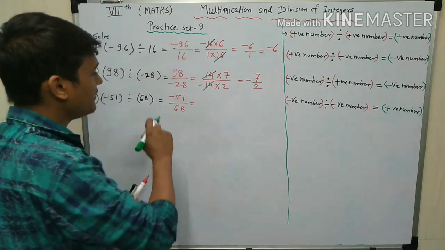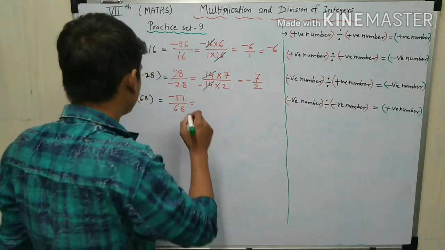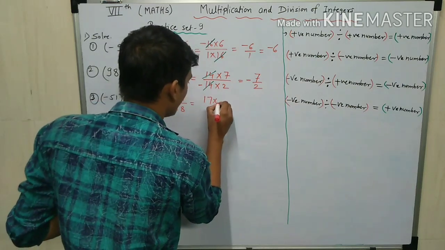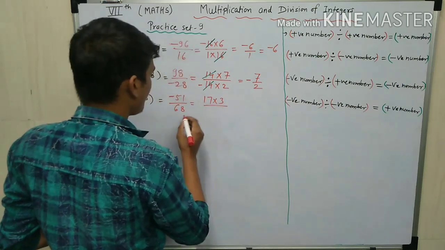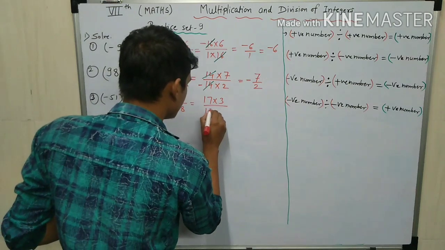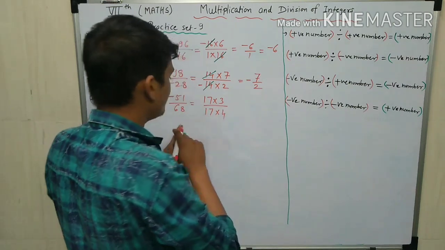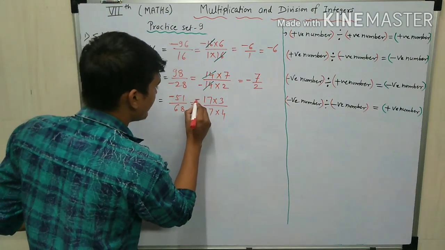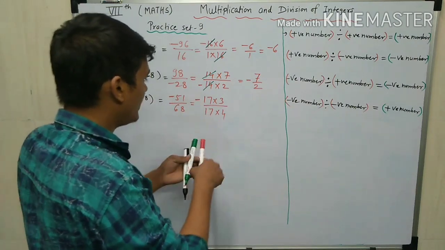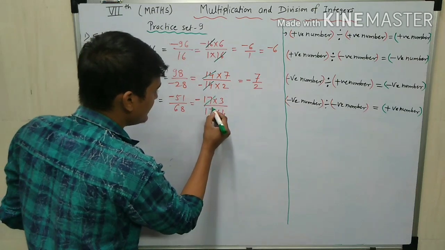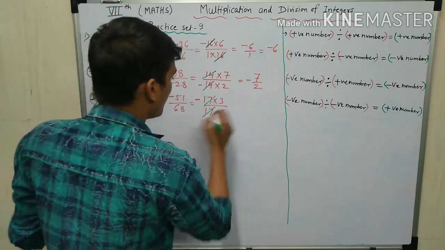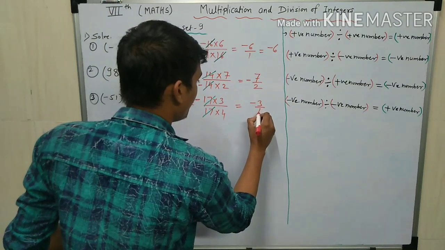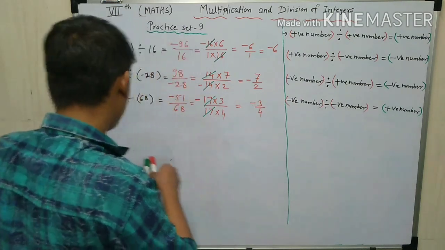Which table is 51 in? 17. 17 threes are 51 upon 17 fours are 68. Now there is a sign here, we can put here. Now 17 is cancelled, is equal to what? Minus 3 upon 4. Understood?